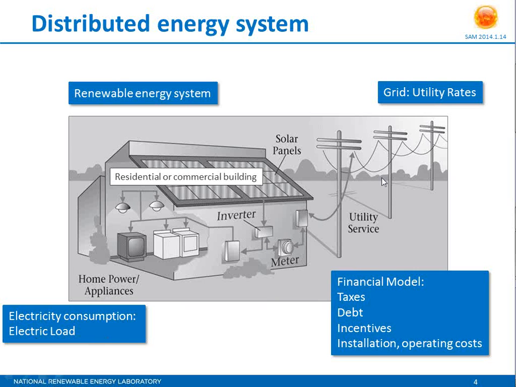Part of that electricity is being used to meet the load, and any excess electricity is being delivered to the grid, and then there's some sort of a financial agreement between the property owner and an electric utility to be compensated for that electricity.